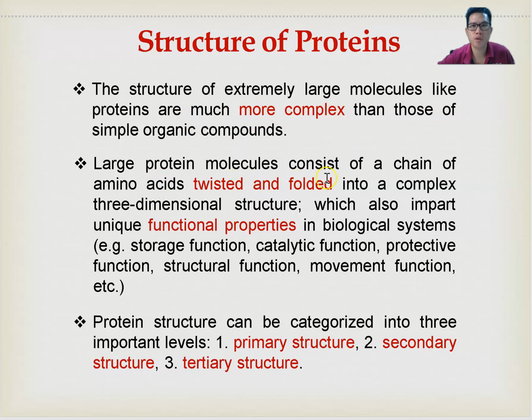A large protein molecule consists of a chain twisted and folded into a complex three-dimensional structure, which also imparts unique functional properties in biological systems. What are the functions? Storage functions, catalytic function, protective function, structural function, movement function, and so forth. Movement function, for example, like actin and myosin that I mentioned before.